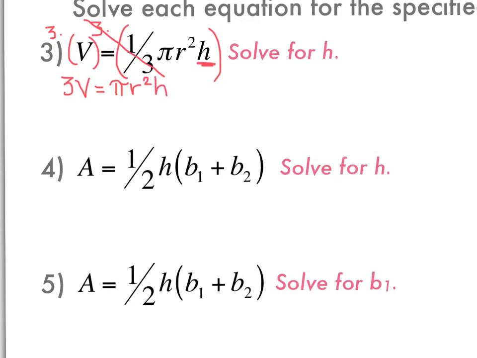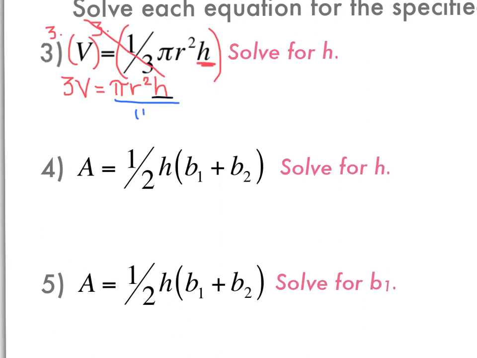Okay, so again, I'm trying to get the h by itself, which means the pi and the r squared both need to go. And I'm going to take a little shortcut here, because the pi and the r squared are both attached to the h with multiplication. So if they're both attached the same way, I can get rid of them all in one step. They're attached with multiplication, so I'm going to use division to get rid of them.